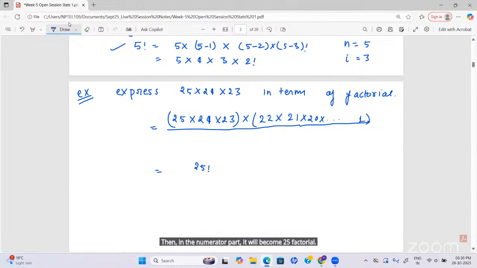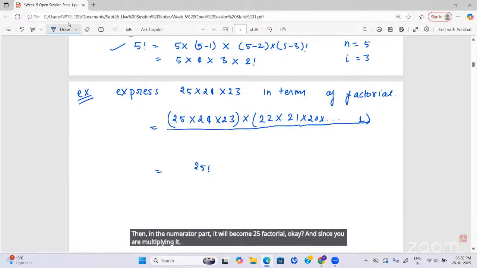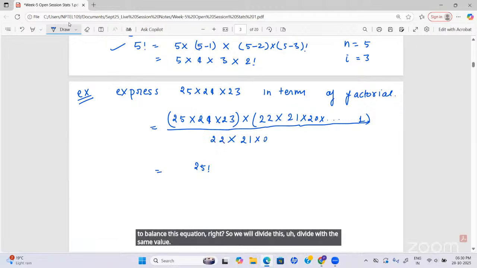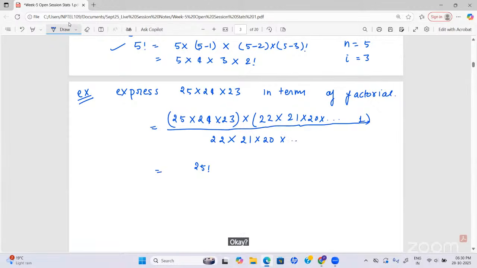And since you are multiplying, you will have to divide with the same value to balance the equation. Now in the denominator, what can we write? This will be 22 factorial, right? Yes, it will be 22 factorial.